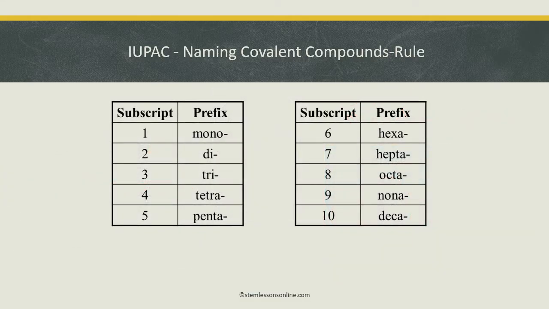In the naming of covalent compounds, you should be familiar with the prefixes. That is how the difference actually comes, just by the prefix. If it is one atom, we will put mono, but there is a difference in mono usage. For the first element, we will not use mono. In the compound, we are not going to use mono for the first element, only for the second.